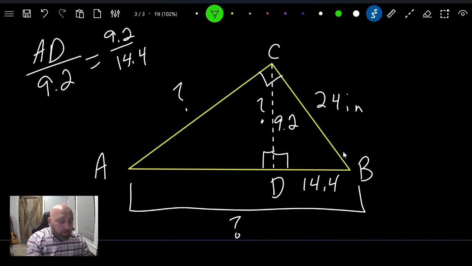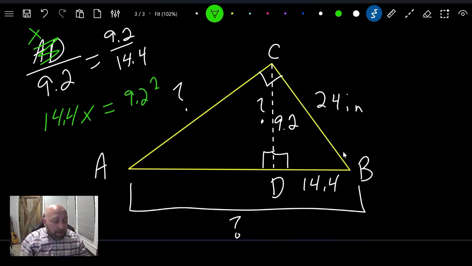Now you can just use a proportion to figure that out. I would actually, instead of AD, use X there. So I would say 14.4X equals 9.2 squared. Okay? And then just do that math, and then you will get the next piece.